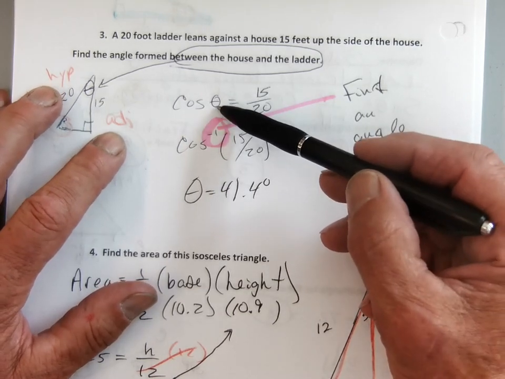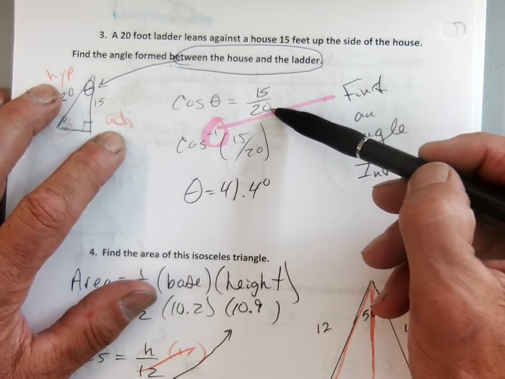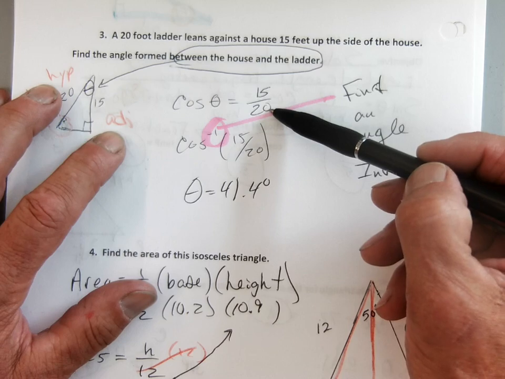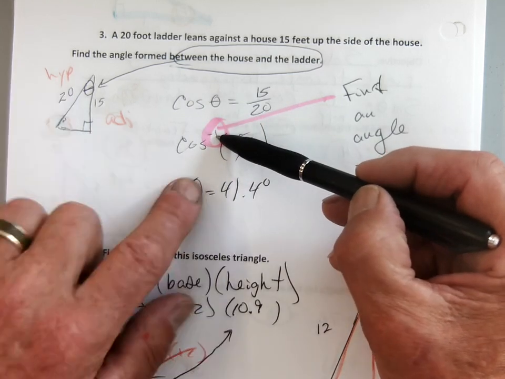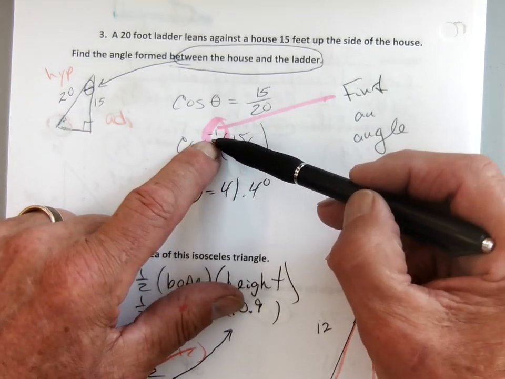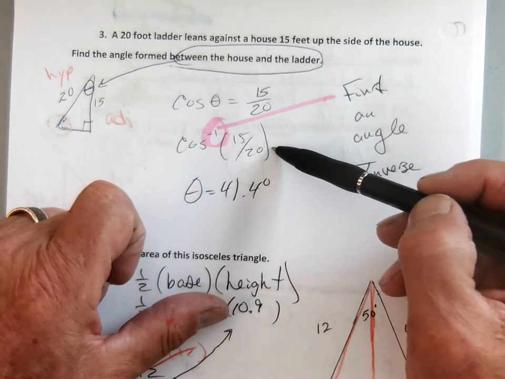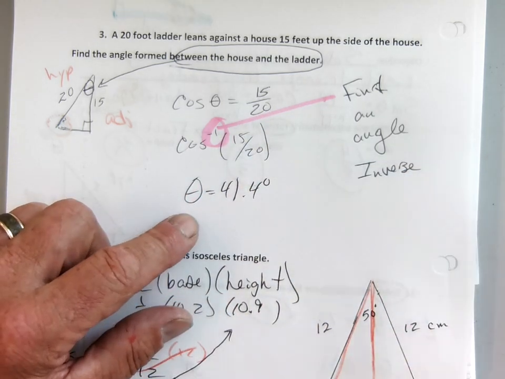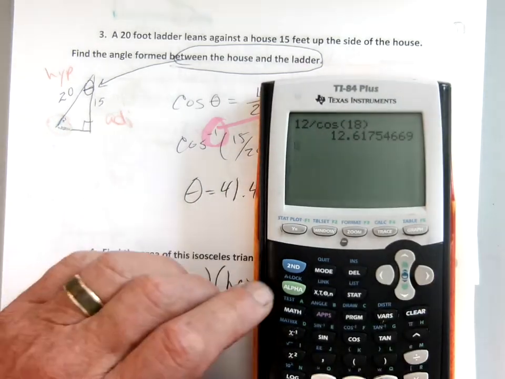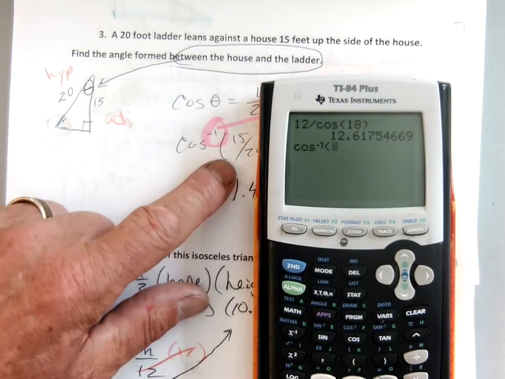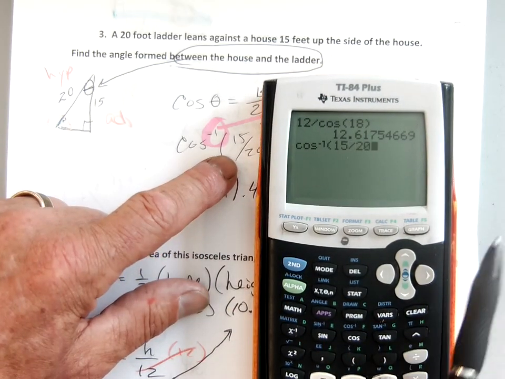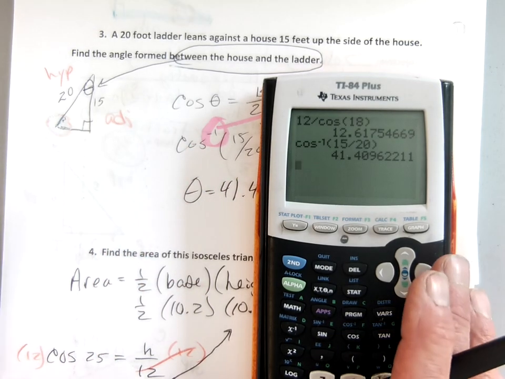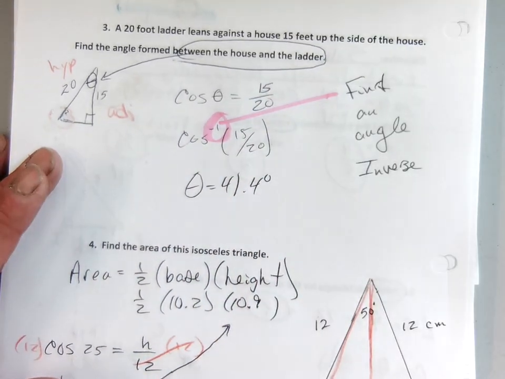Cosine of theta is equal to the adjacent over the hypotenuse, which is 15 over 20. Anytime I need an angle, I must use the inverse button, the negative one button. So I take cosine inverse of 15 over 20, and I get about 41.4. I just typed in my calculator cosine inverse, in blue, need the inverse button, 15 divided by 20.